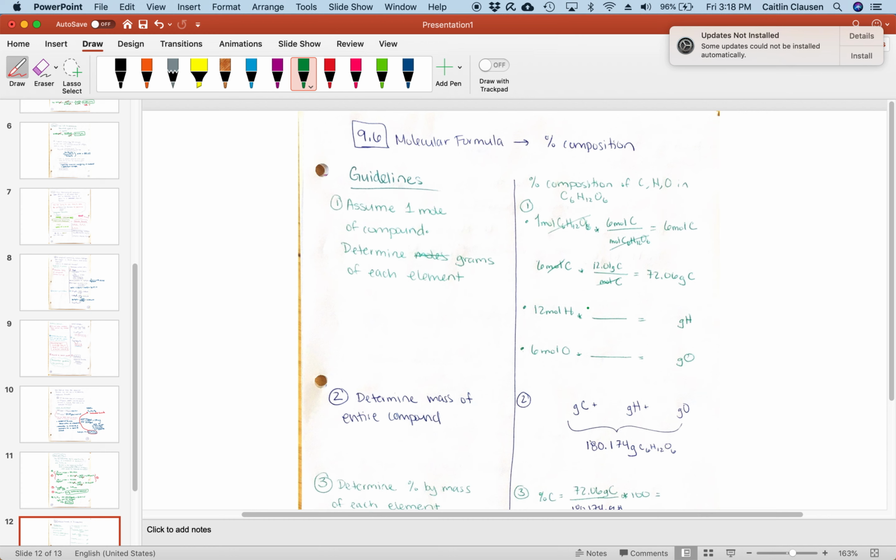So 12 moles of hydrogen to grams. So if I'm assuming 1 mole of my compound, I would have 12 moles of hydrogen. It's the same as up here. I just didn't show it. And then if I have 1 mole of the compound, I would get 6 moles. So you can use your molecular formula to just tell you how many moles of each thing.